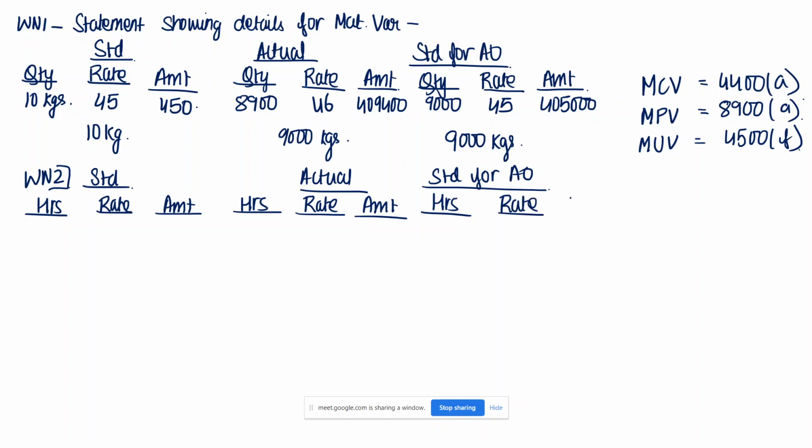I hope you guys have written the formulas also. Don't forget to write the formulas. Yes, hours. 8 hours at, Divakar, 50 rupees. So that is equal to 400. Actual hours?